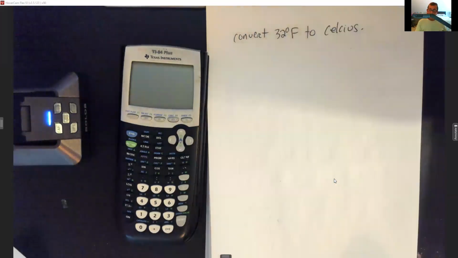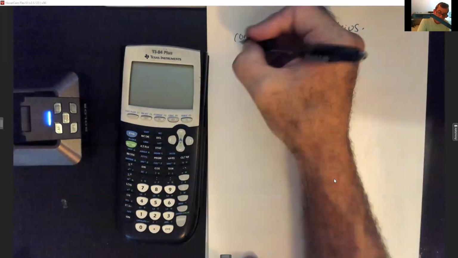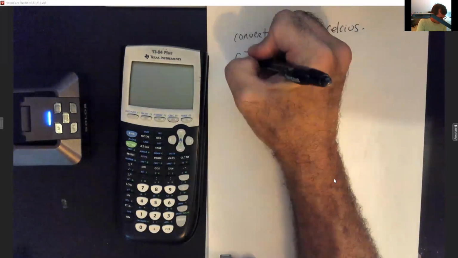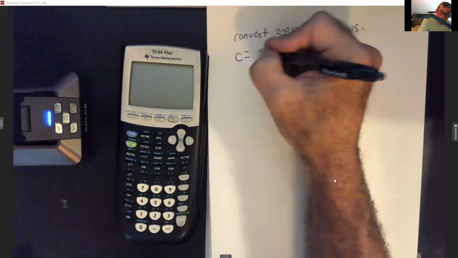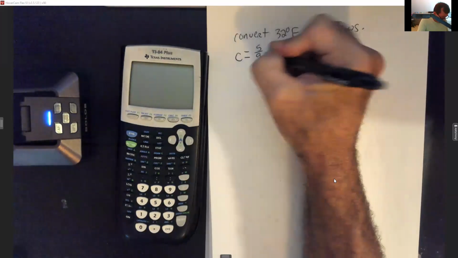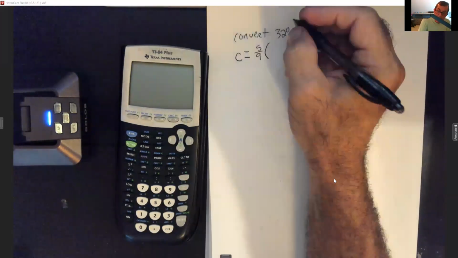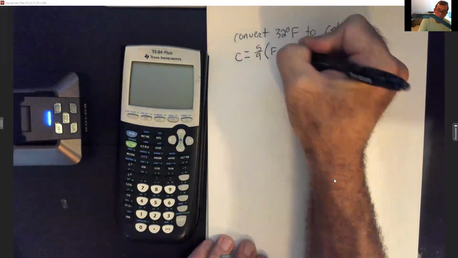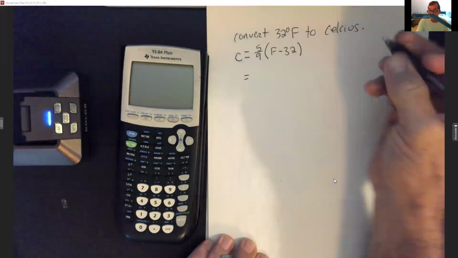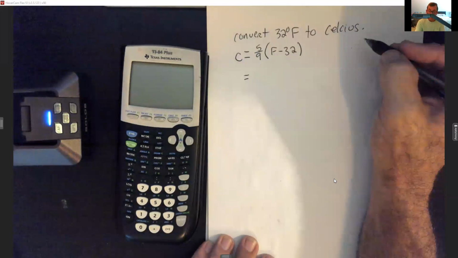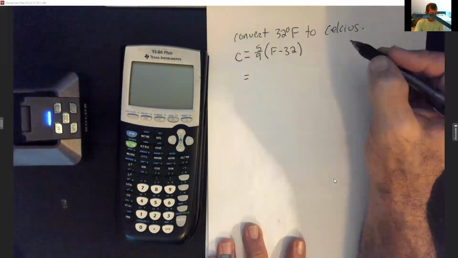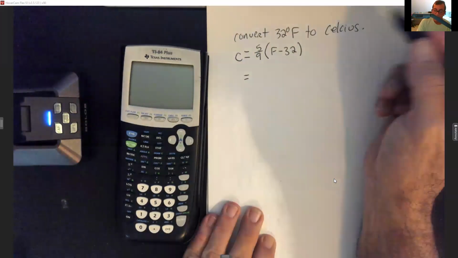So to go from Fahrenheit to Celsius, I'm going to use my Celsius equals 5/9 F minus 32. Now remember, you could use the other one with the decimal I gave you, where you do the F minus 32 divided by 1.8. But this don't bother me.